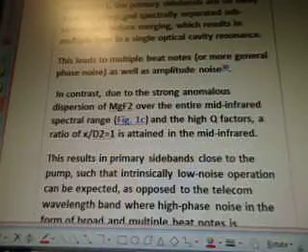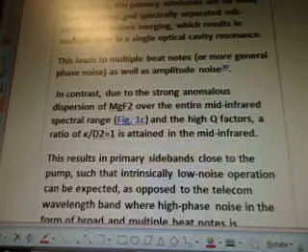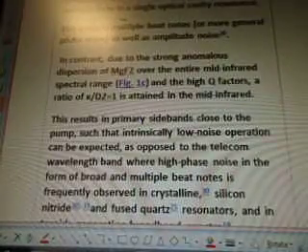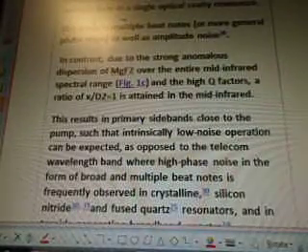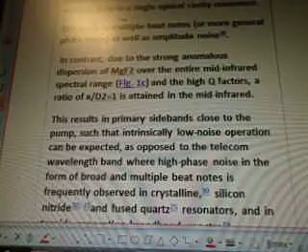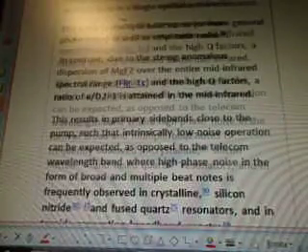In contrast, due to the strong anomalous dispersion of MgF2 over the entire mid-infrared spectral range, figure 1C, and the high Q factors, a ratio of K/D2 much less than 1 is attained in the mid-infrared.